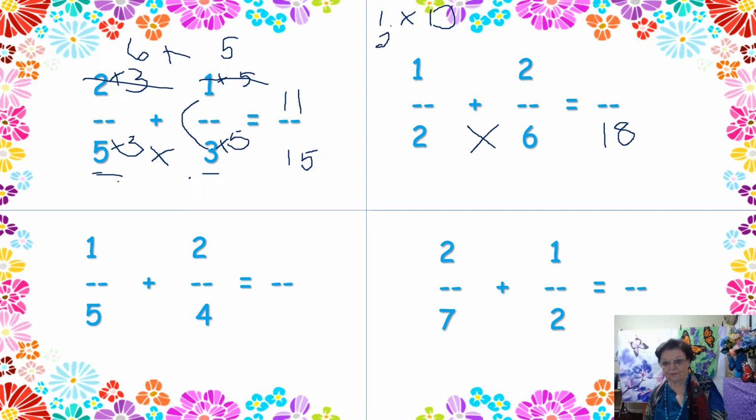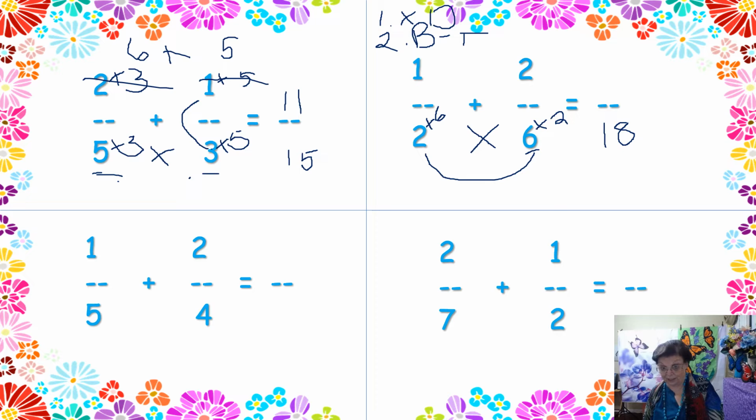Step 2, whatever you do to the bottom, you have to do to the top. So when I multiply 2 times 6, I multiply this 6 times the 2.